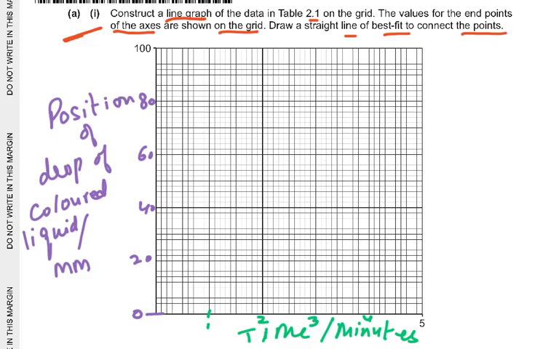And then you label the axis, position of drop of colored liquid in millimeter, and every 2 centimeter you have to write 1, 2, 3, 4, 5, and here you have to write 20, 40, 60, because it had said 100 here and it had said 5 here. So you have to spread out the scale, and you should see that you use the whole of the grid as much as possible, the whole of the graph paper.